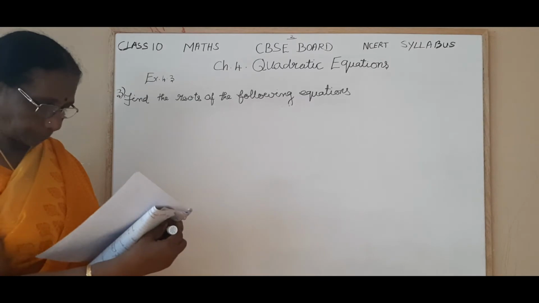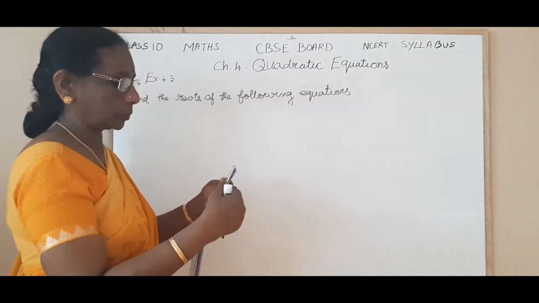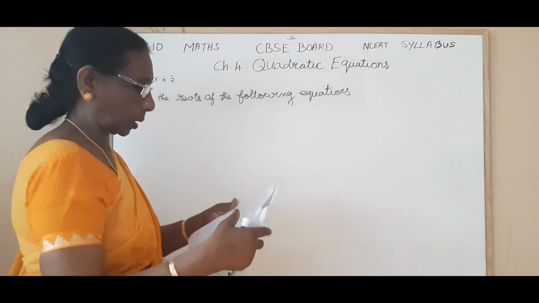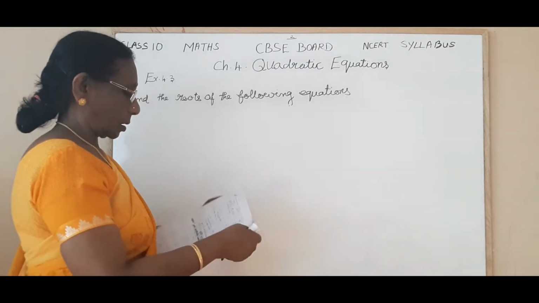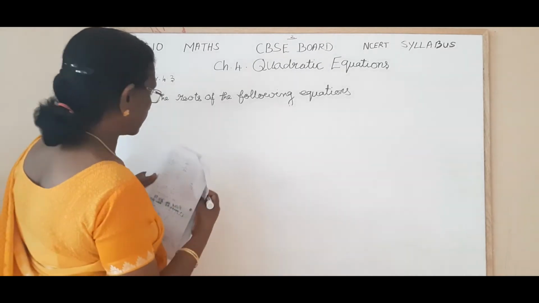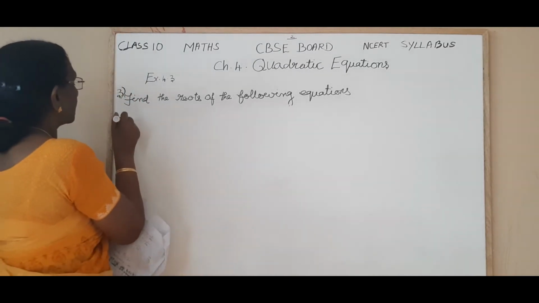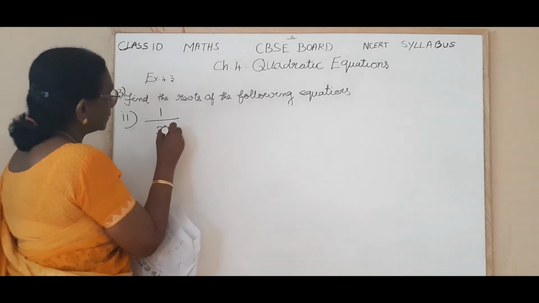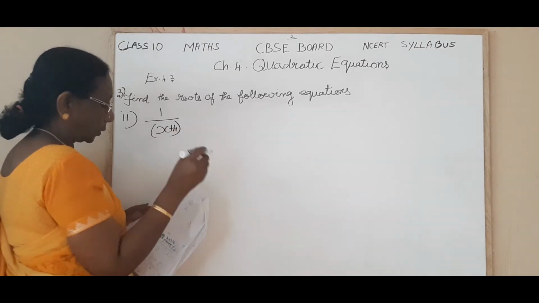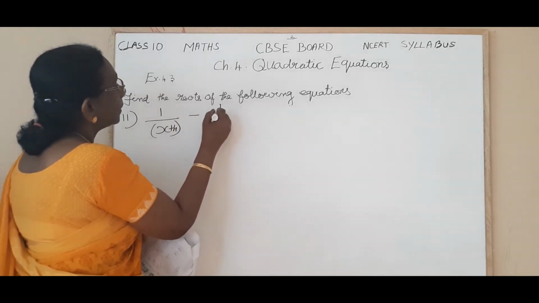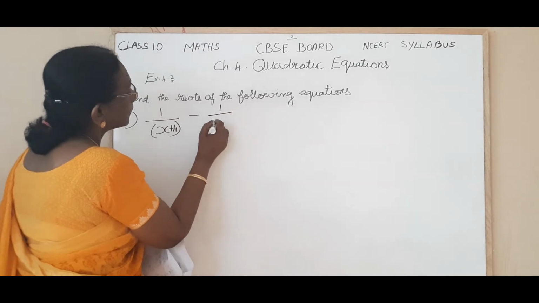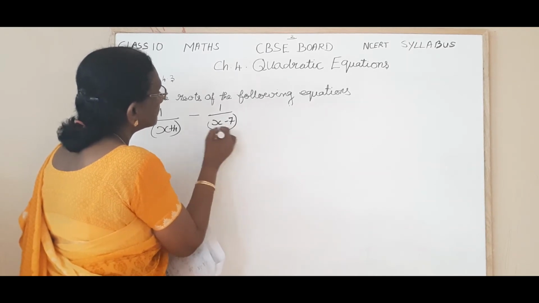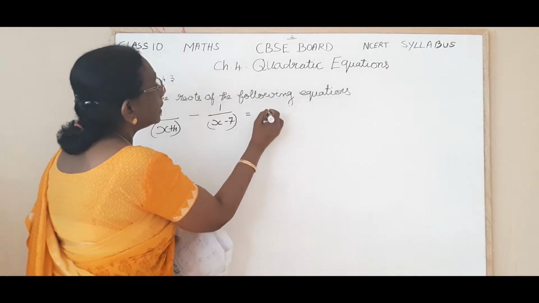Sum number 2. One by x plus 4, you put inside the bracket, minus 1 by x minus 7 is equal to 11 by 30.